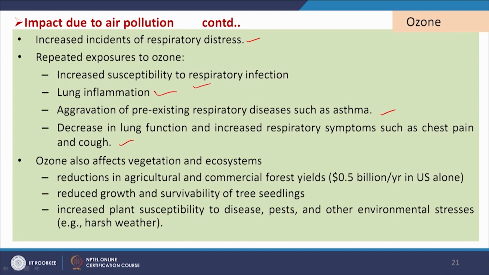Ozone also affects vegetation and ecosystems, with reductions in agricultural and commercial forest yield of 0.5 billion per year in the US alone, and reduced growth and survivability of trees and seedlings. So, this is also a problem for plants, with increased plant susceptibility to disease, pests and other environmental stresses. Okay. So, these are the impacts of ozone on living organisms.